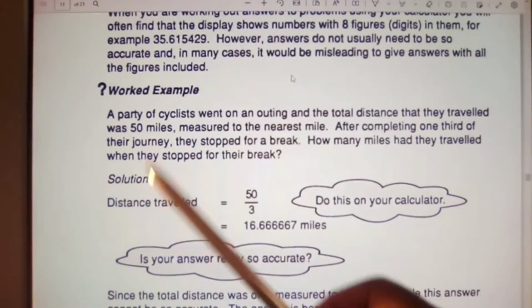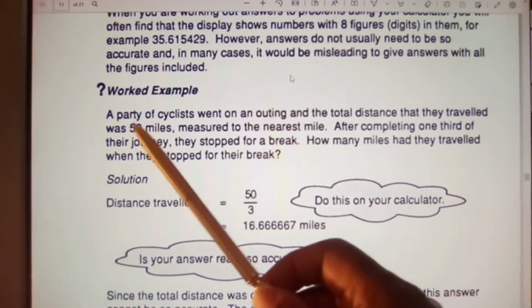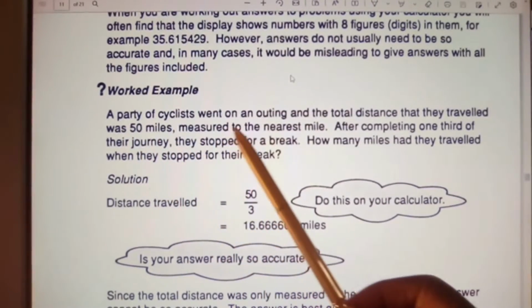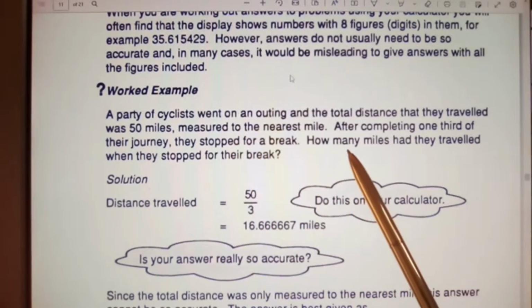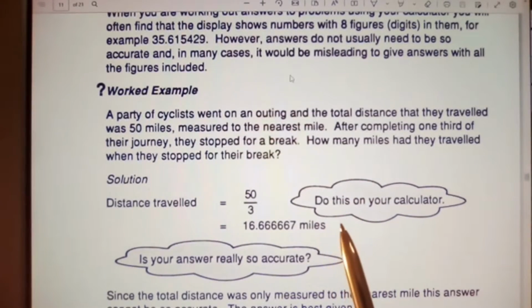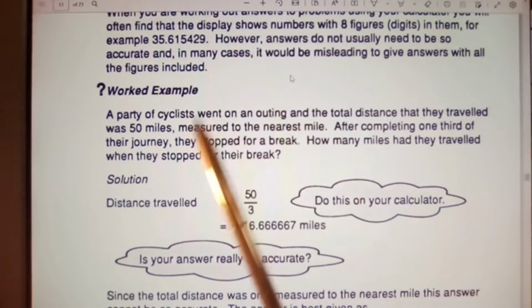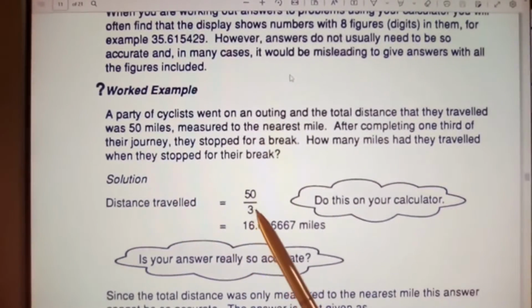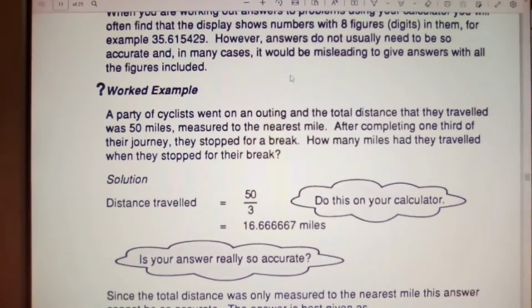The solution: we take the 50 miles they traveled, and they completed 1/3, so 50 miles divided by 3, that's where our 3 comes from, okay?